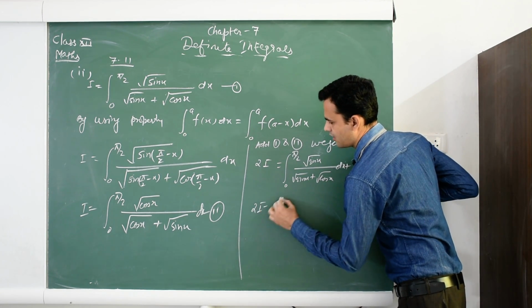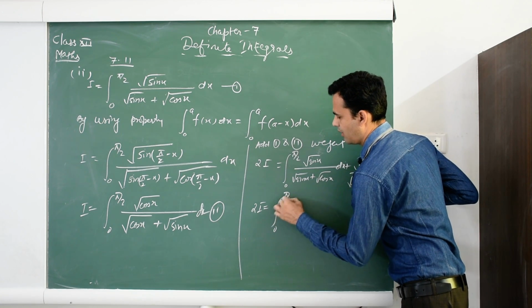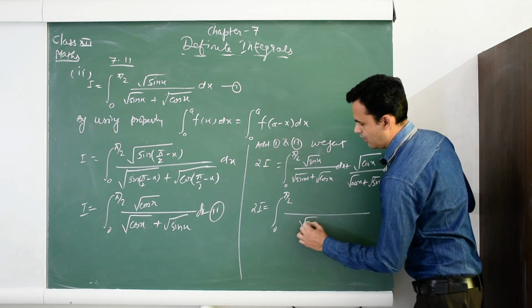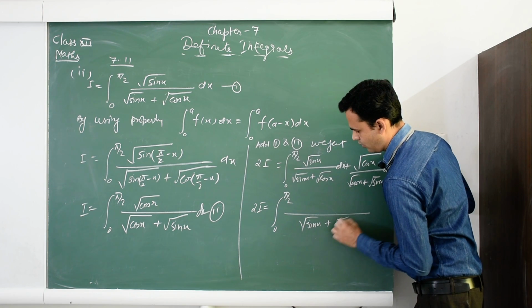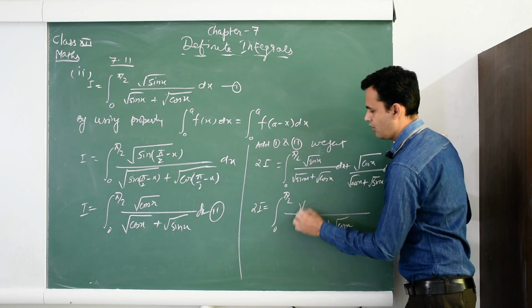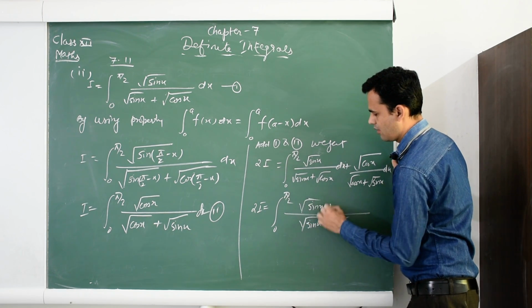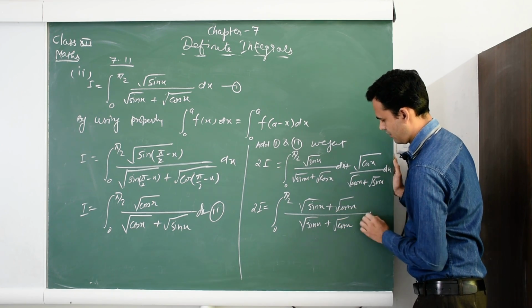So if we add these two, 0 to pi by 2, taking LCM, root sin x plus root cos x, so in numerator we have root sin x plus root cos x dx.